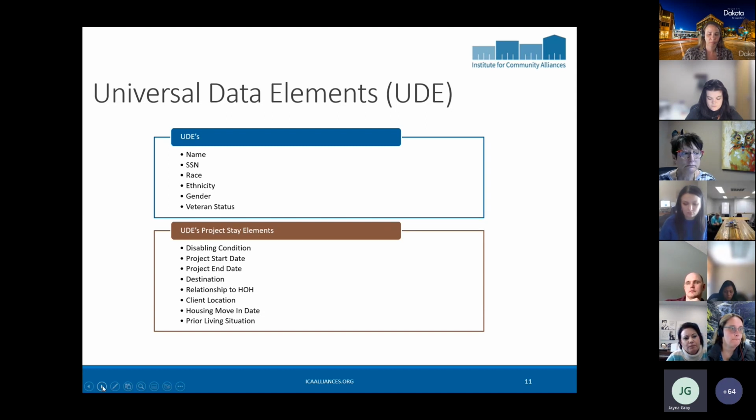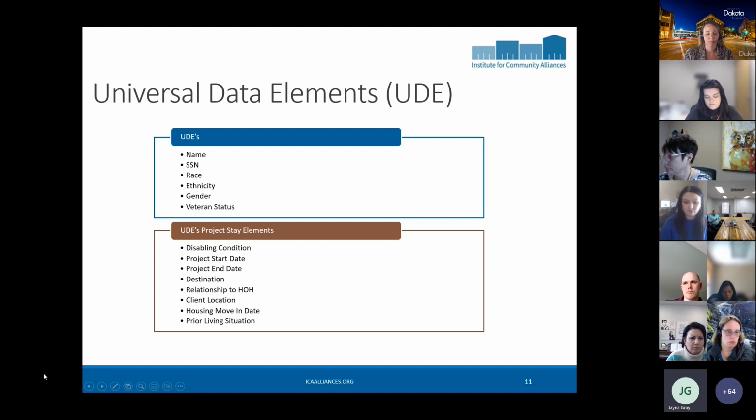So what HUD has proposed is to only get the last four of the social security number, since that may be easier to get. If you're receiving any of the federal funds, you would be entering those UDEs into HMIS. That data is then collectively reviewed to see what homelessness looks like in the COC. Then you have project-specific data elements.